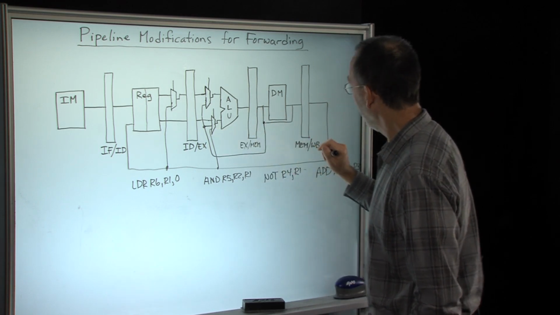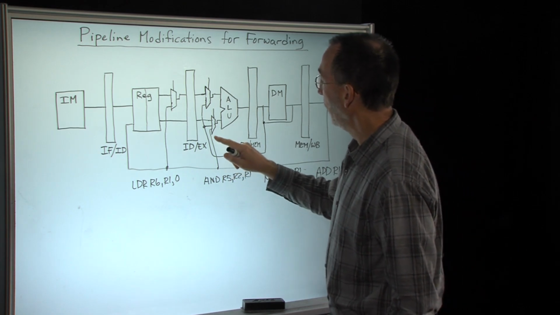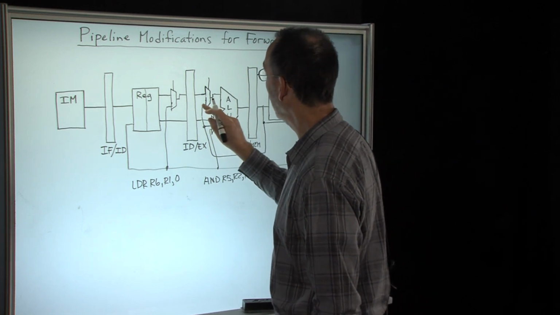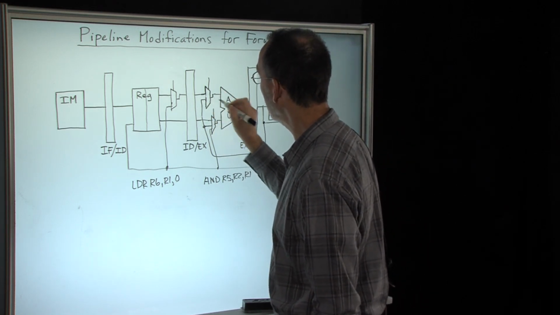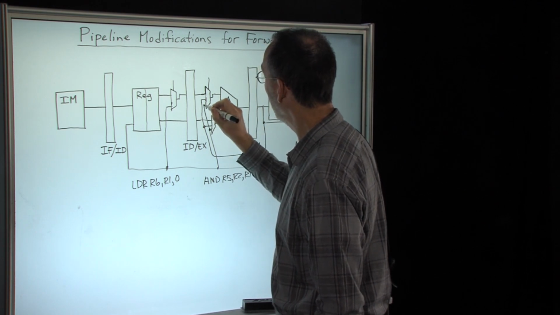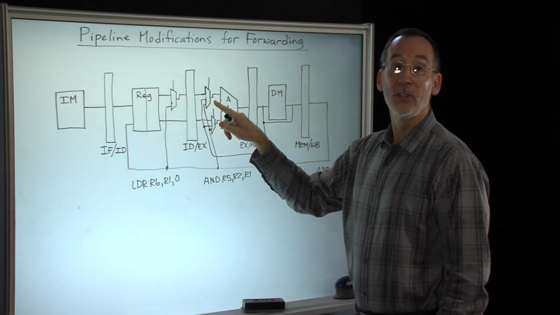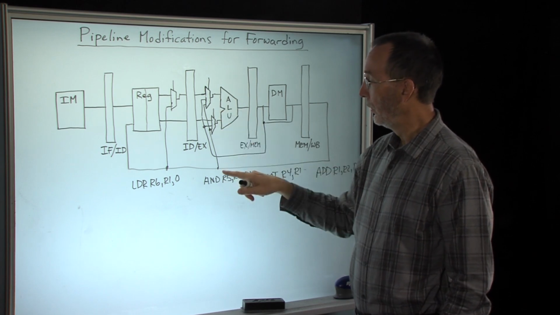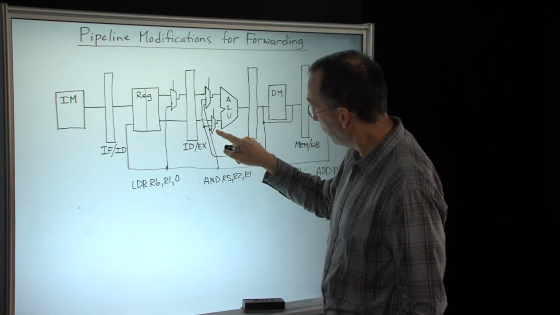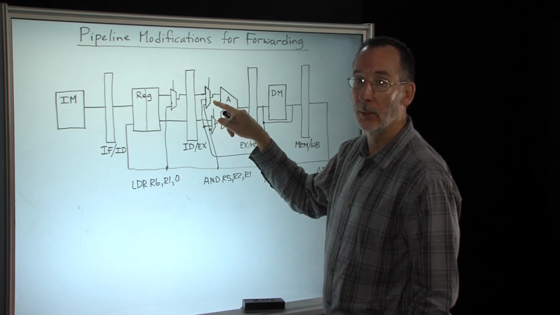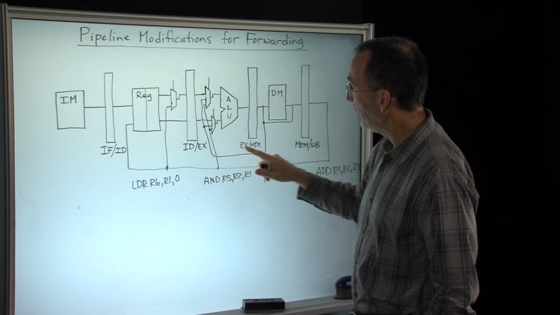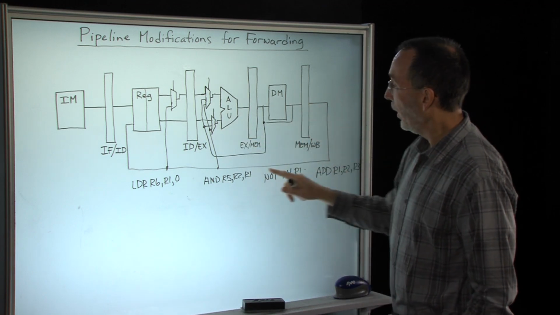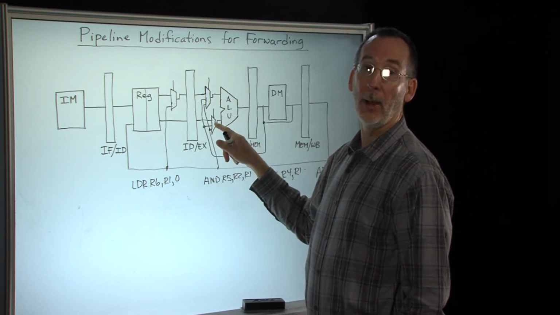Similarly, for this forwarding path that only comes to the bottom input of the ALU, I'm going to modify this slightly so it's consistent: we also may want to forward that value to the top input of the ALU. So we need this value coming to this bottom input as well as this top input. Now we can forward from here to either the first or second source operand, and the same for write back. We can go to the top or to the bottom.